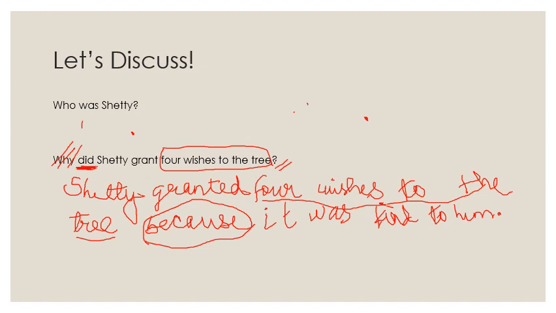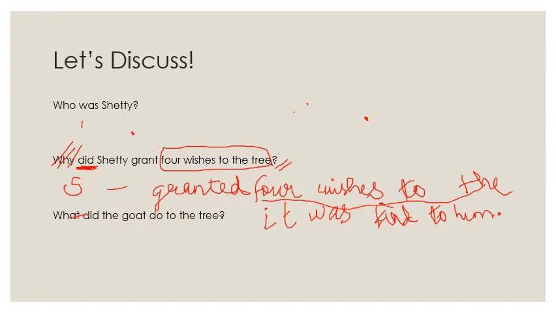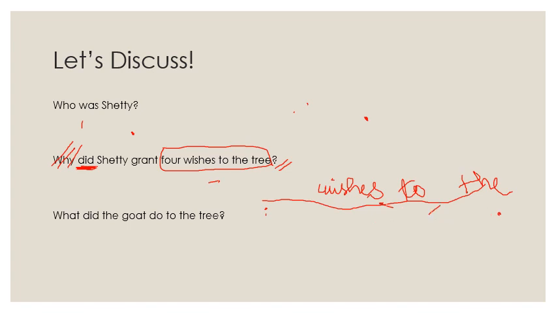Now, the next question. Let me make this question clear for you all. The question we have is, what did the goat do to the tree? To the tree means the little fir tree. So what did the goat do to the tree? Now this question I'm not going to help you to frame.